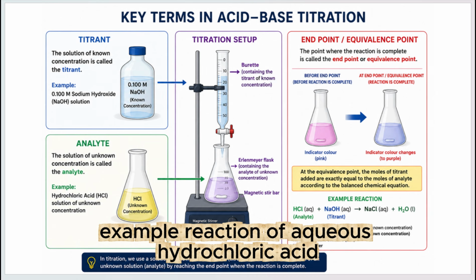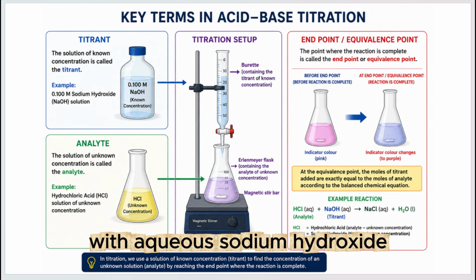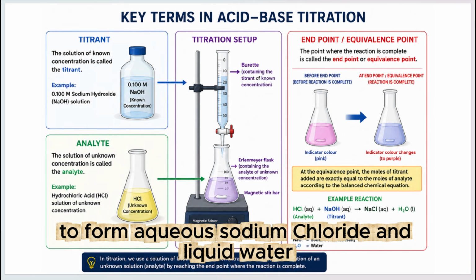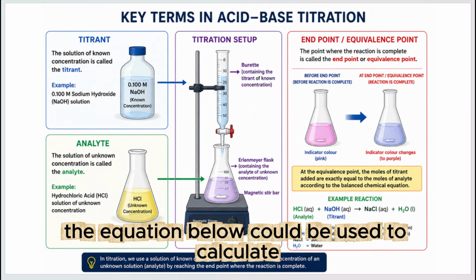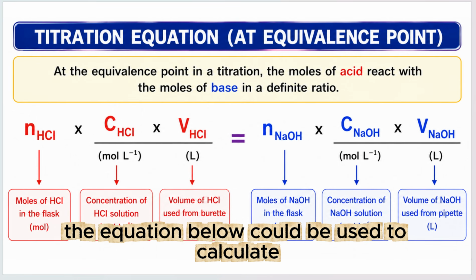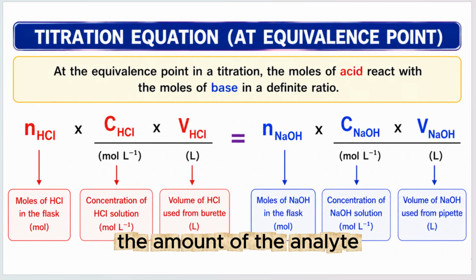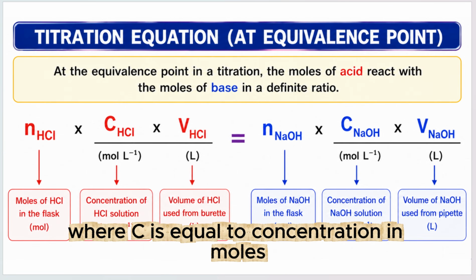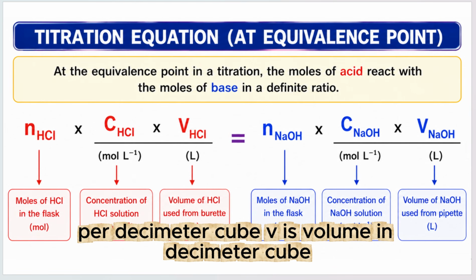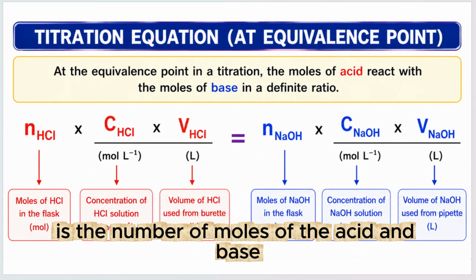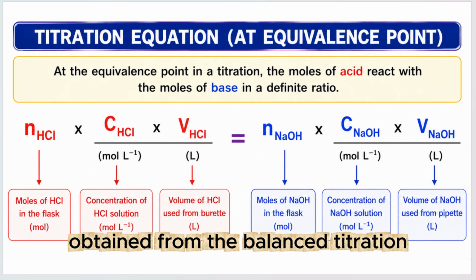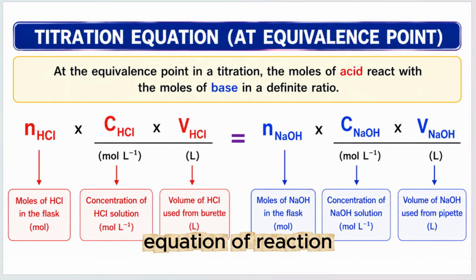Example, reaction of aqueous hydrochloric acid with aqueous sodium hydroxide to form aqueous sodium chloride and liquid water. From the practical illustration here, the equation below could be used to calculate the amount of the analyte hydrochloric acid, where C is concentration in moles per decimeter cube, V is volume in decimeter cube, and N is the number of moles of the acid and base obtained from the balanced titration equation of reaction.